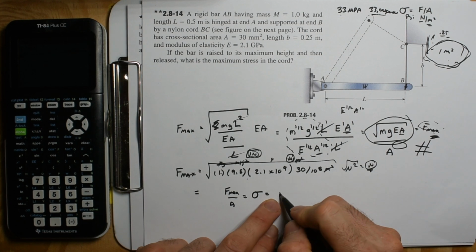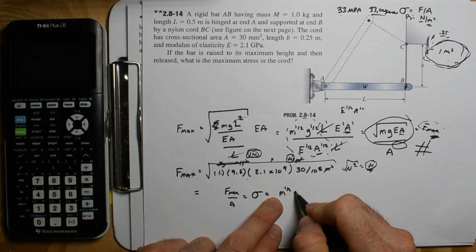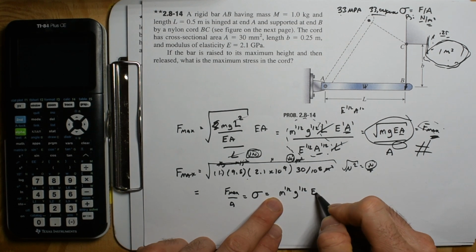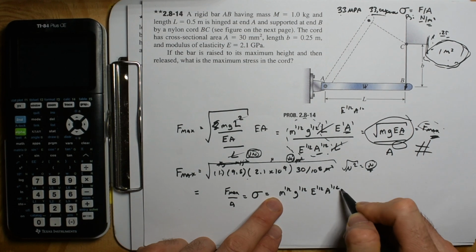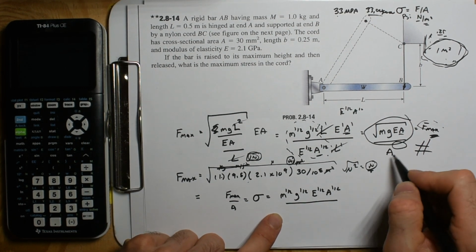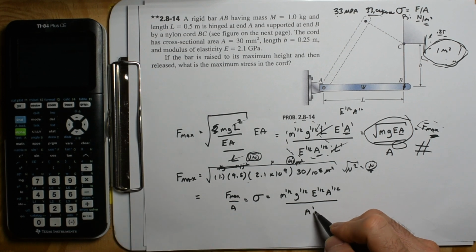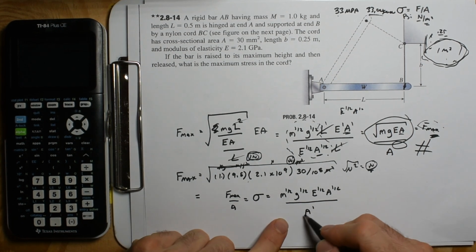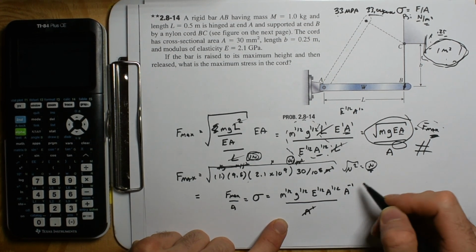And this is going to be m to the 1/2, g to the 1/2, e to the 1/2, a to the 1/2. Anytime you're combining variables, this is just a surefire way to not mess up. And now we have a 1. And you can just take it upstairs, -1.